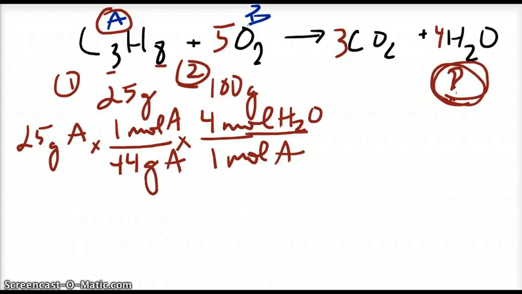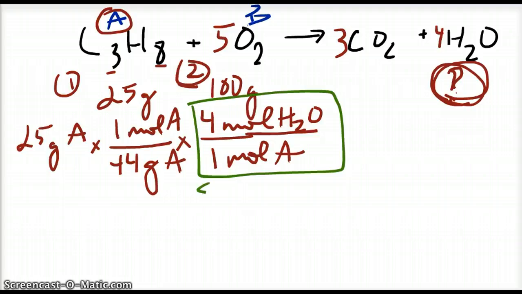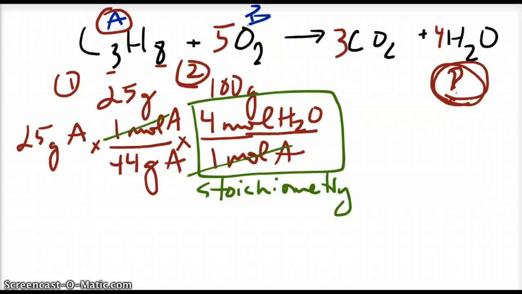Okay, that's my mole-to-mole ratio. This is the step that makes it a stoichiometry problem, using the mole-to-mole ratios. Note that I put 1 mole of A on the bottom so that it can cancel out above.